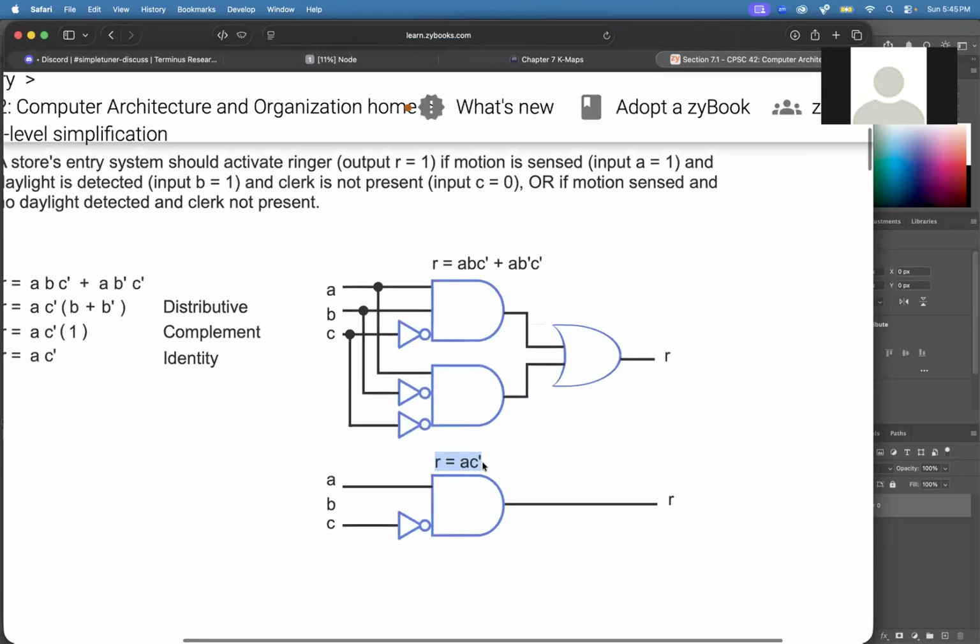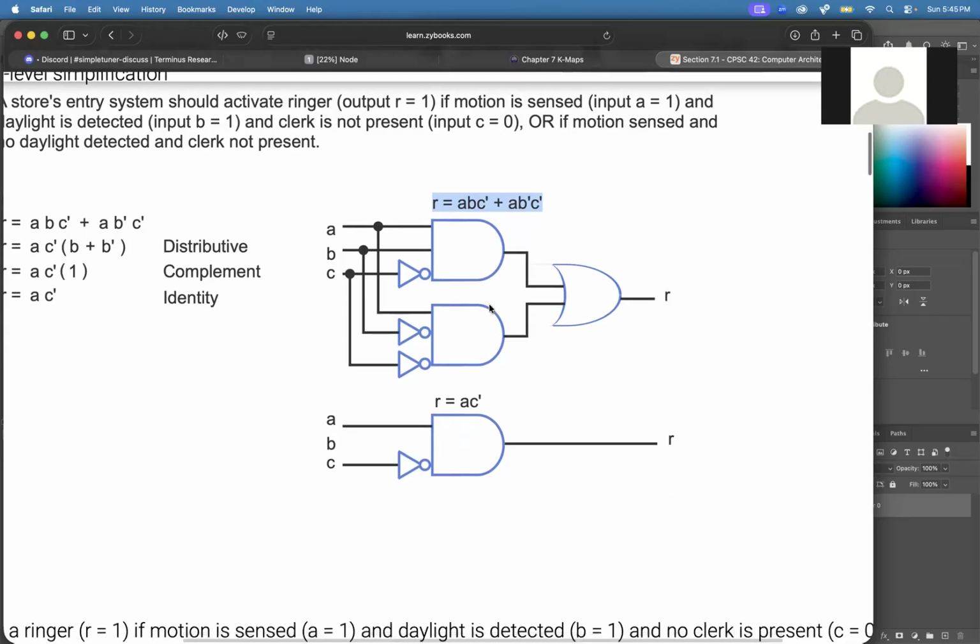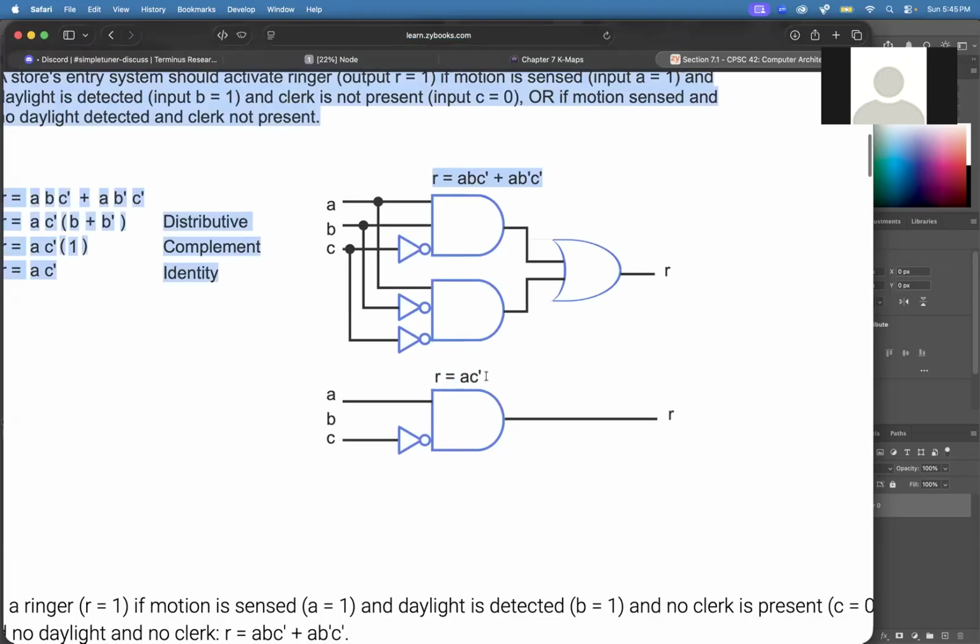We learned from the labs that the point of simplifying is that the original complicated Boolean expression may take multiple gates. Like you can see here, this is 3 gates, but the simplified Boolean expression here only has 1 gate, not counting the nots.